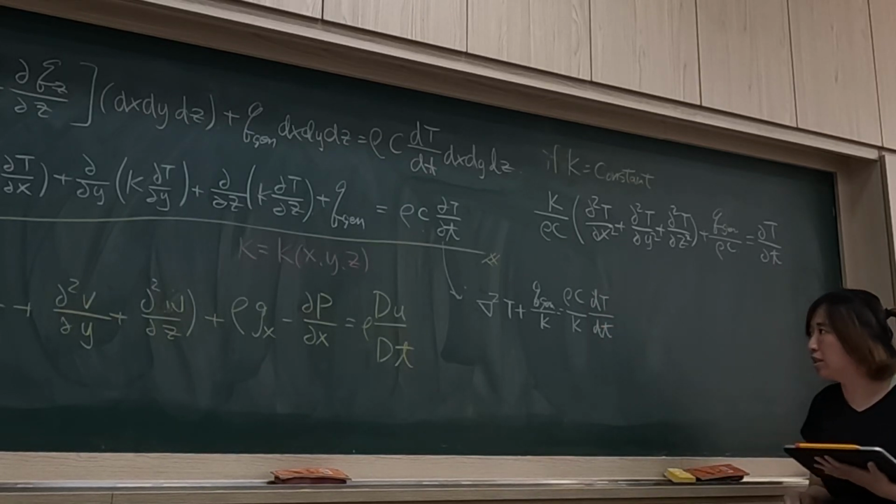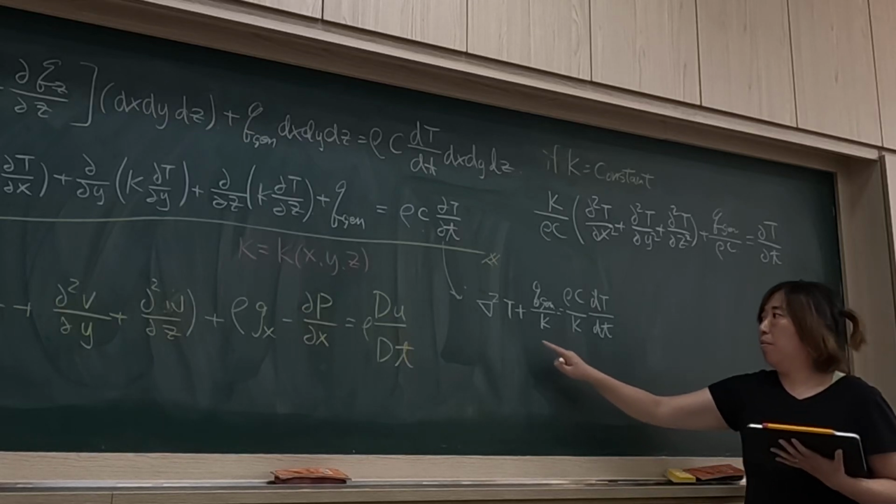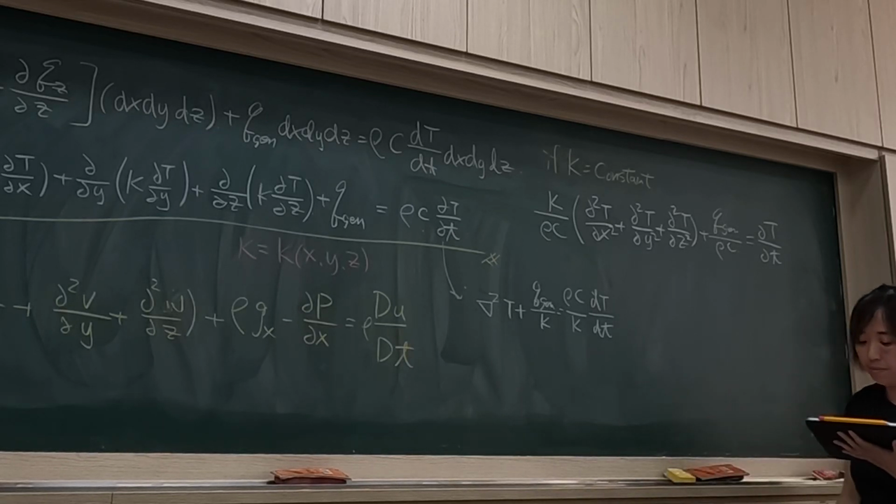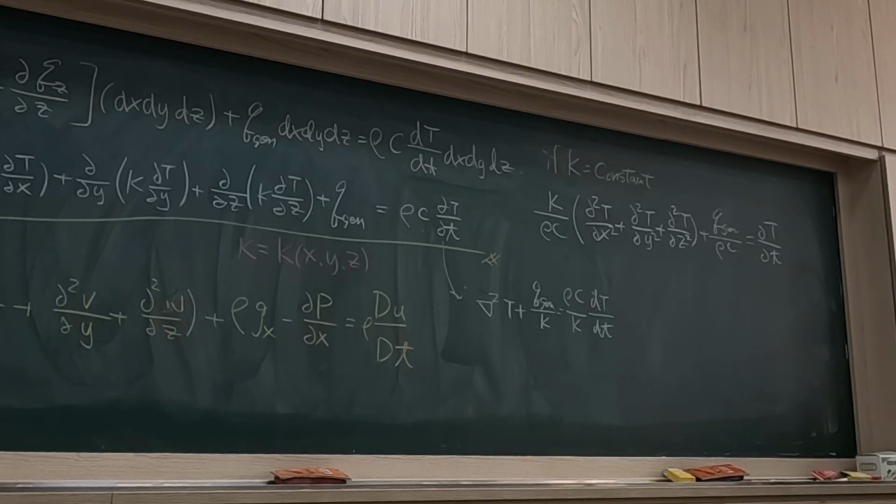如果把它写成向量的方式的话，把它改成这样写也可以。Okay, so why are we going to put all the parameters on the left-hand side?